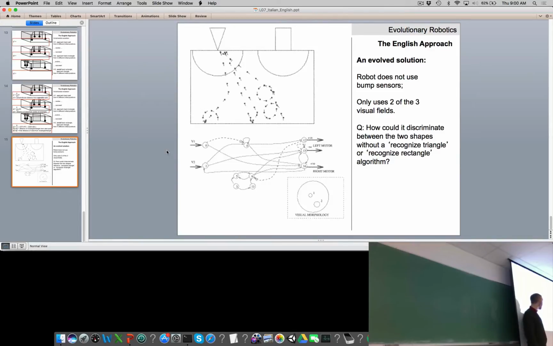So 1 hits the right edge of the triangle, and then more time steps elapse before 2 goes dark than when the rectangle goes dark. So this robot, even given the fact that it has a very, very simple visual system, can distinguish between triangles and rectangles, right?